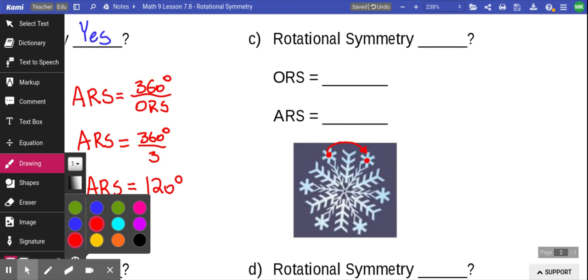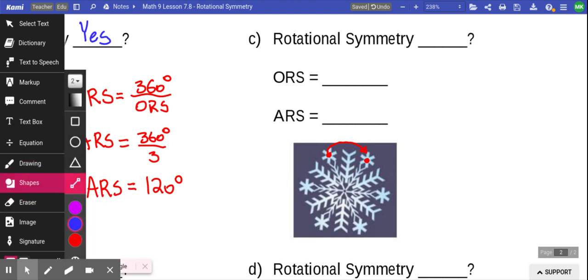If you're really struggling with does this thing have rotational symmetry, sometimes what helps is if you imagine cutting the object in half. So if I cut this object in half, does it look identical on one side as it does on the other side? Sometimes that helps for those hard ones where it's like, oh, I can't tell if it's rotational symmetry or not. Now that trick doesn't always work, right?